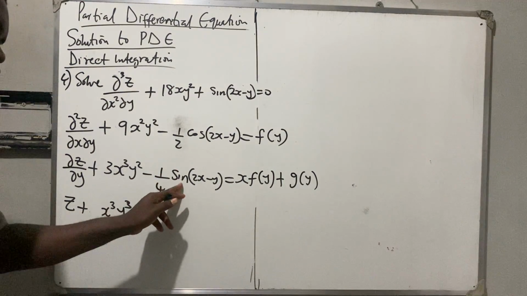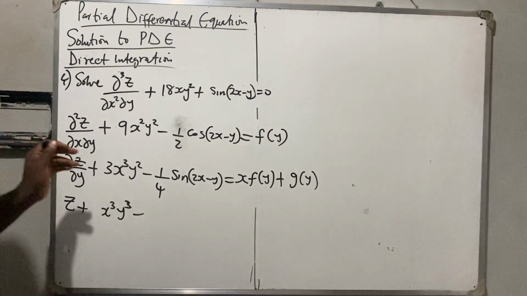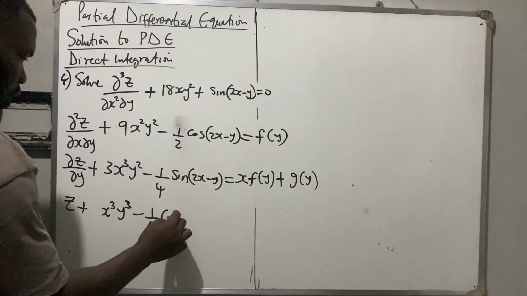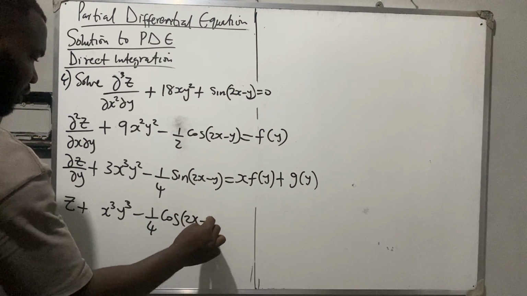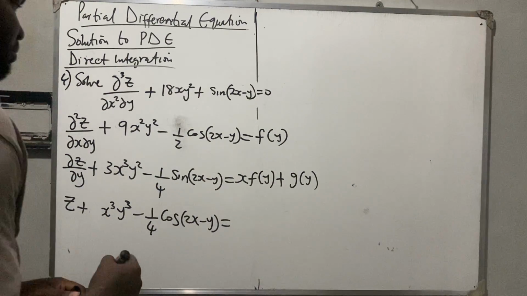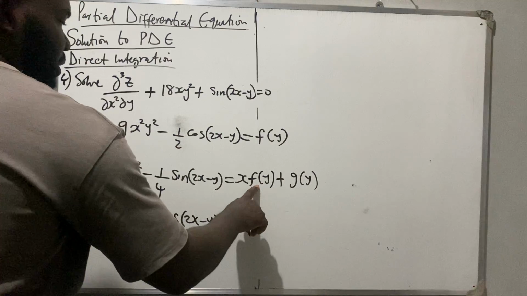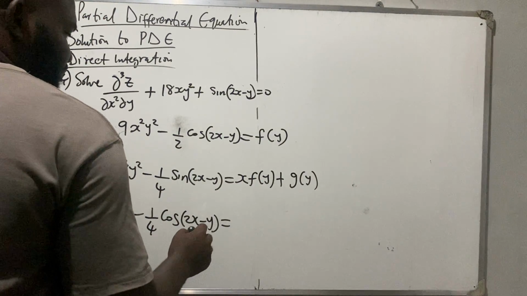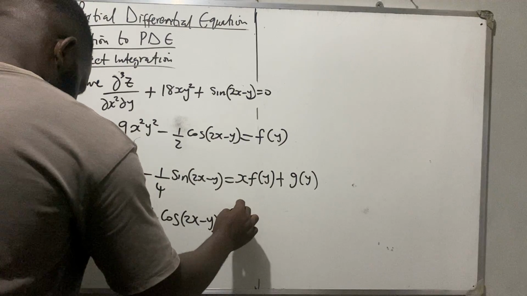But the integral of sine is minus cos, so minus remains here. Minus 1 over 4 cos of 2x minus y is equal to, we are integrating with respect to y, so integrating with respect to y, it will now be the integral.